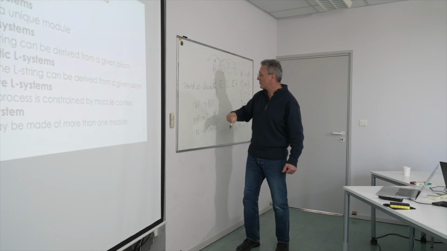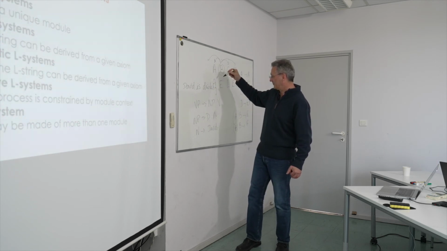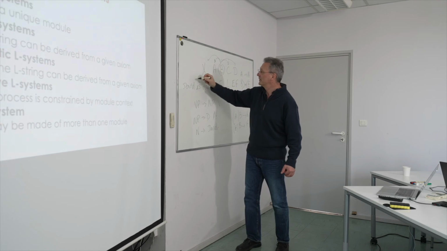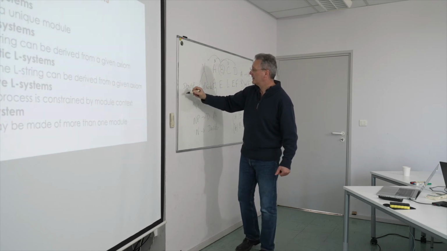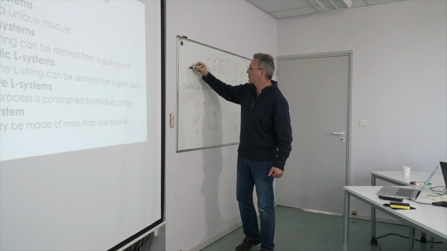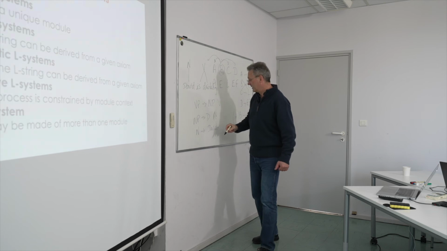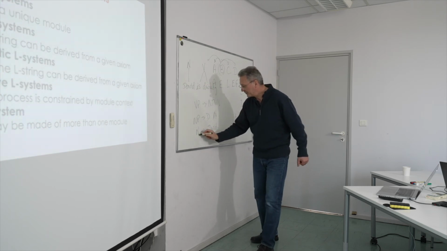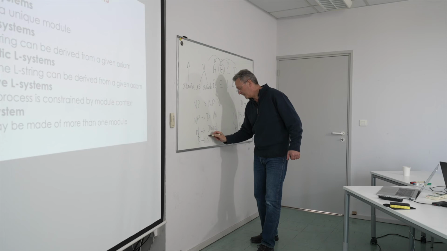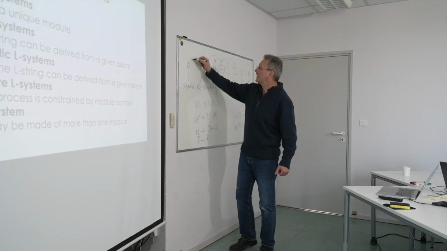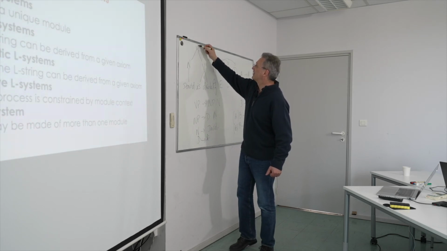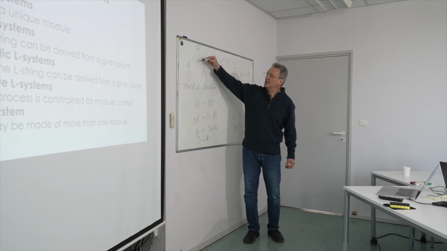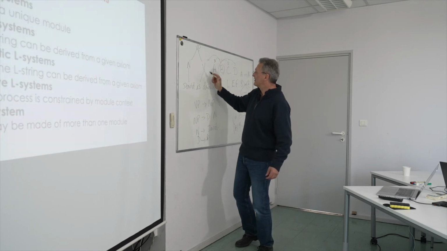So this would be a verb. This would be a noun. Determinant: there is no determinant, so the determinant could be nothing. And this would be the verb phrase. I could have even more things here.